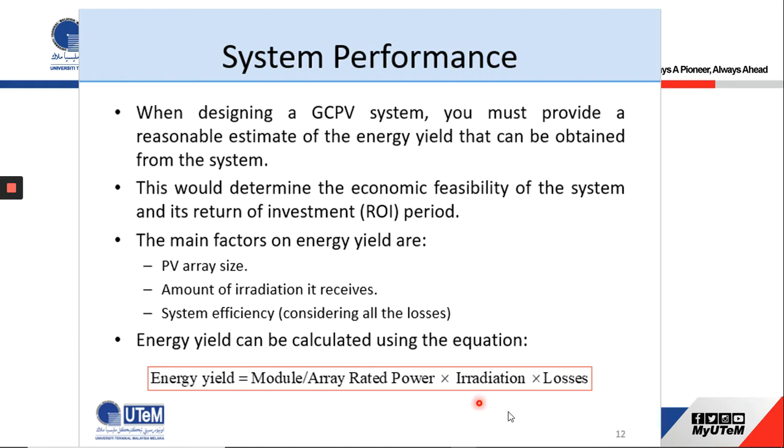Slide number 12 mentions that the energy yield or the energy output is equal to the rated power times irradiation times losses. Here I made a small mistake. It's actually not losses. I want you to correct it to performance ratio. So the correct term is performance ratio, or PR, not losses.